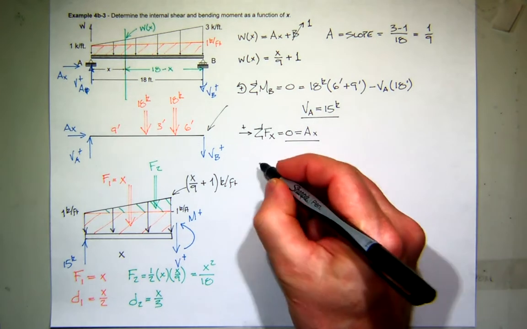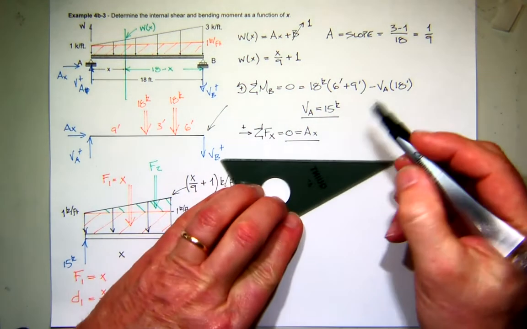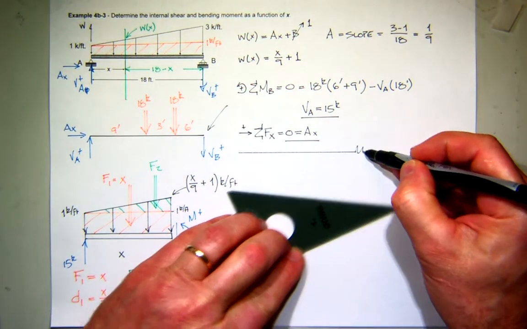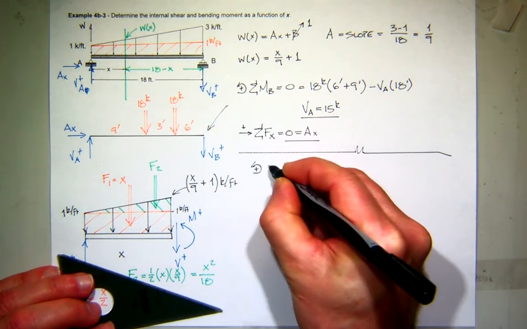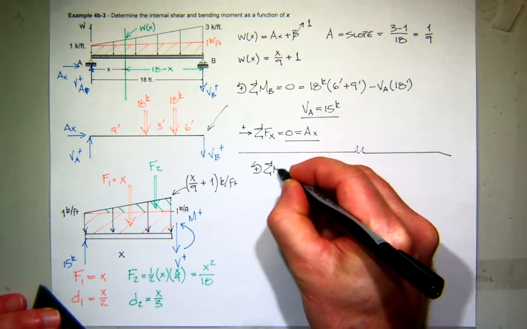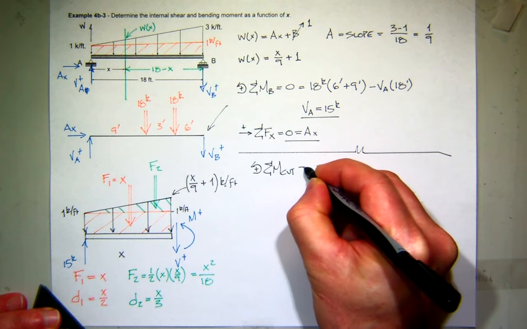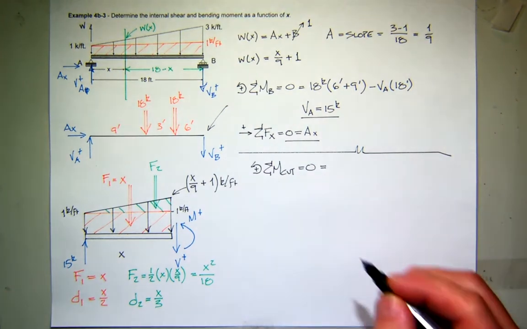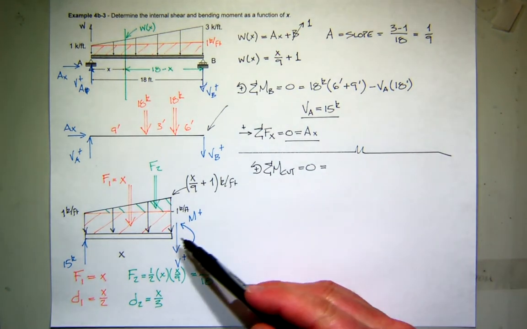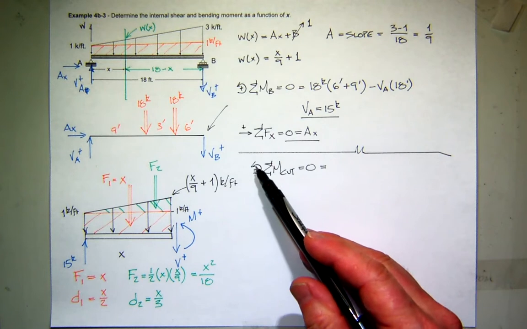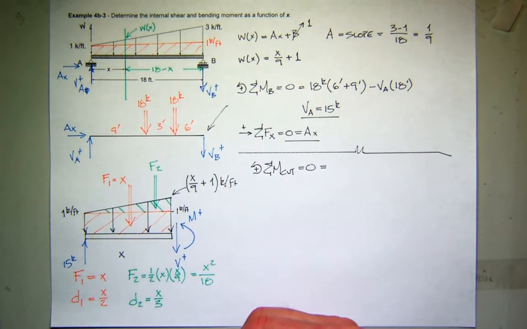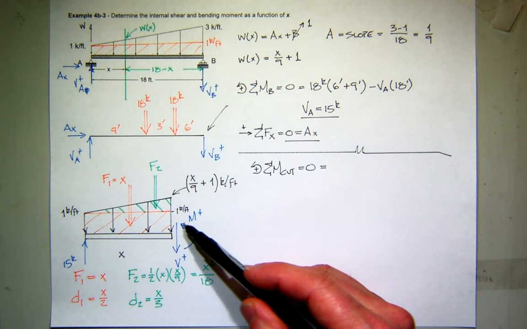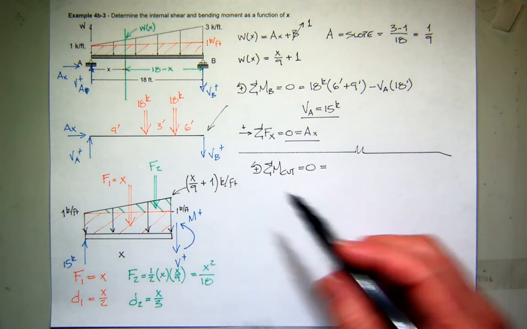So I think we've accounted for everything. So let's come back now, and I'll put a little line here to kind of separate it visually. And let's sum the moments at the cut and make sure that's in equilibrium. So about the cut surface, using right-hand rule for my sign convention, let's calculate the moments of all the forces and moments. So the unknown moment that I've drawn here is positive.